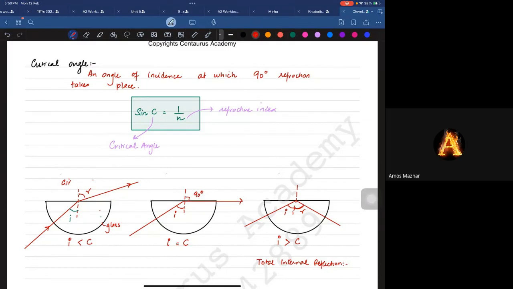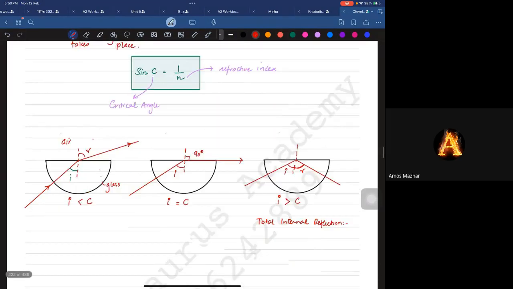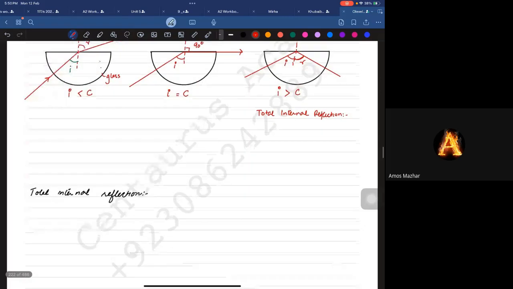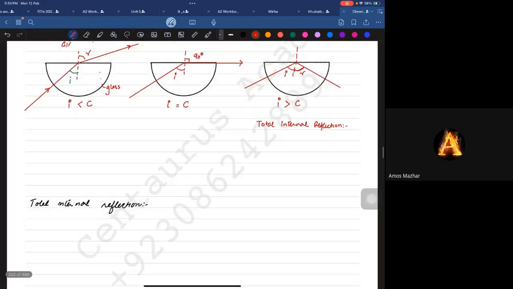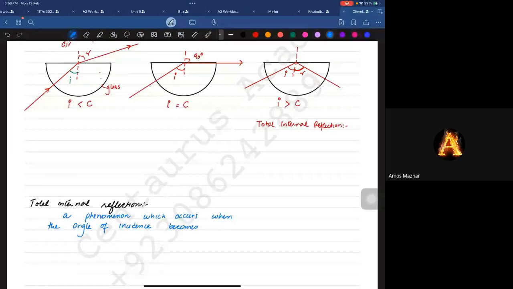All right, kids. I'm going to go to the next and see what exactly we mean by total internal reflection. Total internal reflection is a phenomenon which occurs when the angle of incidence becomes greater than the critical angle.